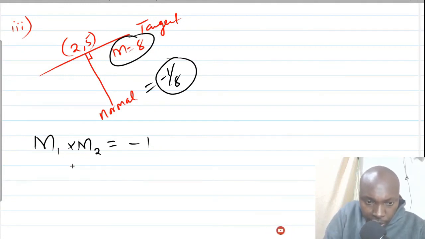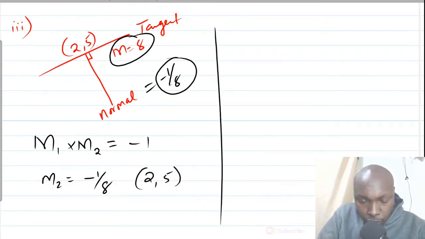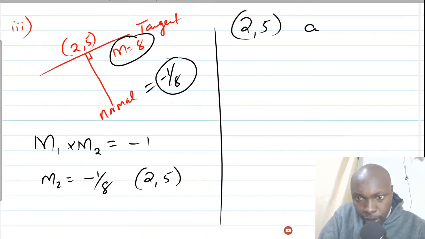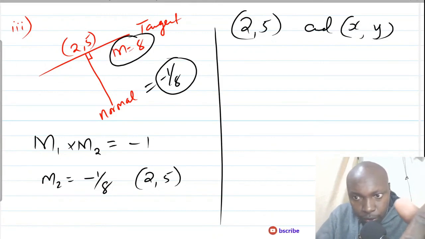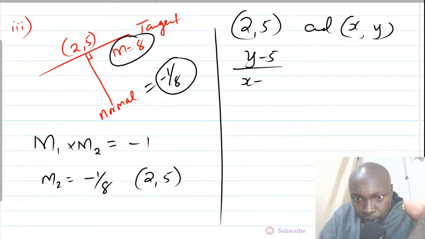So now we have the gradient of the normal, which is -1/8, and we know the one point through which it passes. So we just need to introduce another point. Using (2, 5) and introducing another general point (x, y), we can get the equation. The change in y, which is y minus 5, over the change in x, which is x minus 2, should give the gradient, which is -1/8.